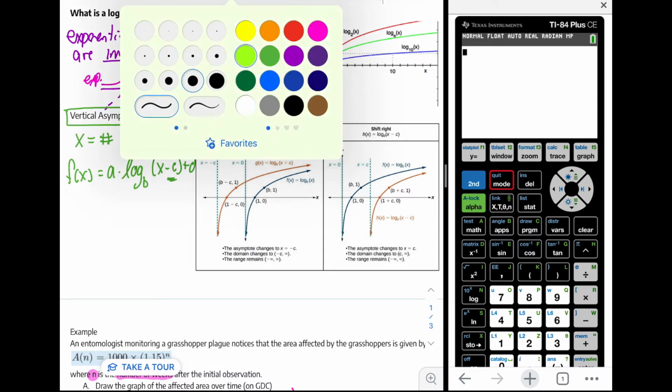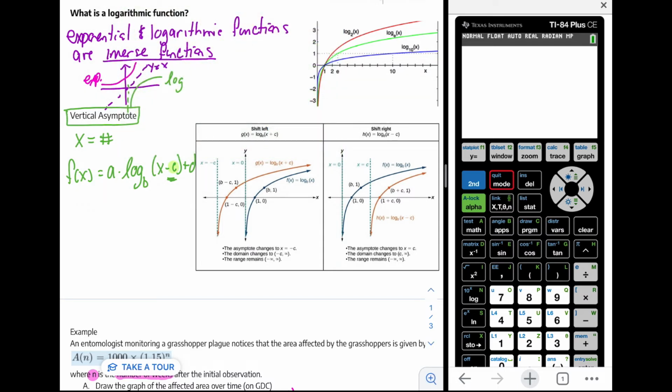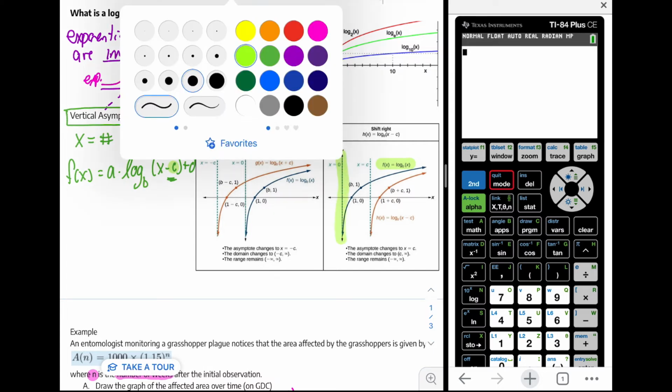So let me highlight this. This c value is going to help you determine what the asymptote is. For example, if we look at the function log base b of x, there's nothing added or subtracted. Therefore, the vertical asymptote is x is equal to 0.